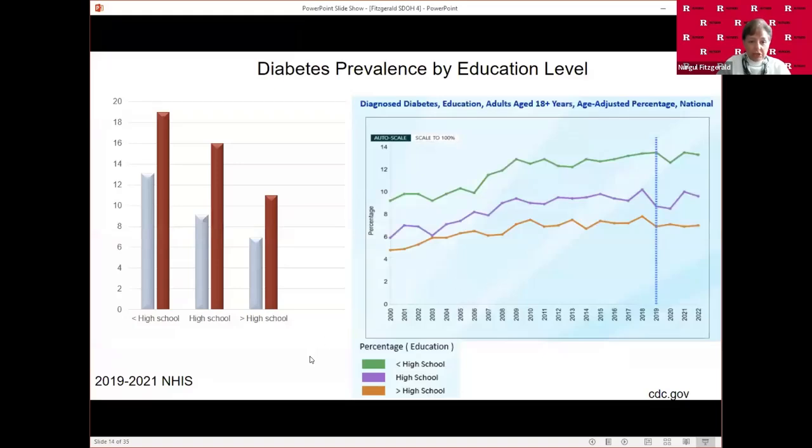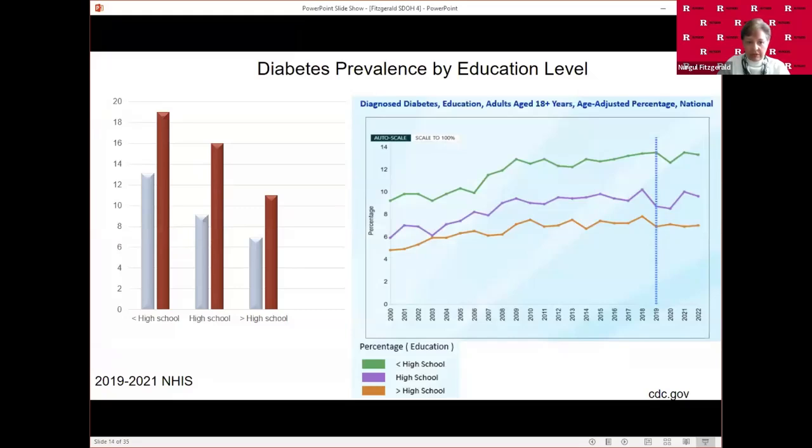This is by education, kind of a similar pattern, less education, more diabetes. Blue bars are the diagnosed diabetes, and red or brownish colored bars are the total diagnosed and non-diagnosed diabetes. And we see similar patterns in both.